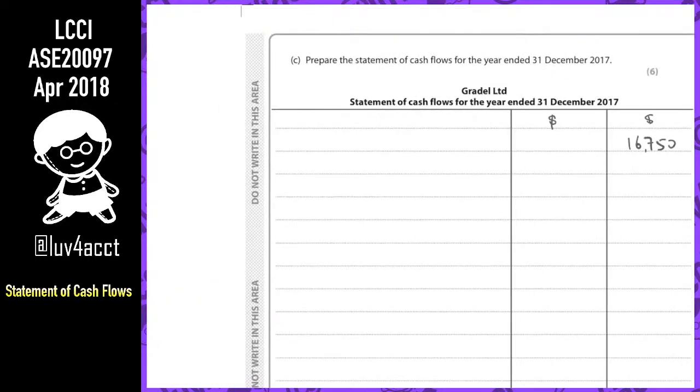16750. Net cash from operating activities.